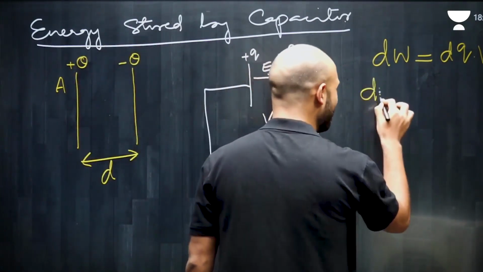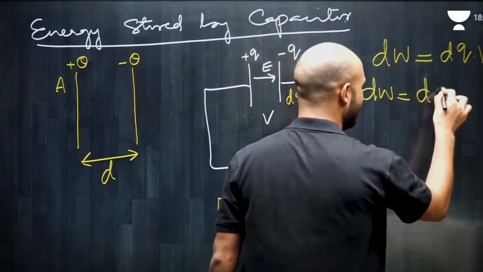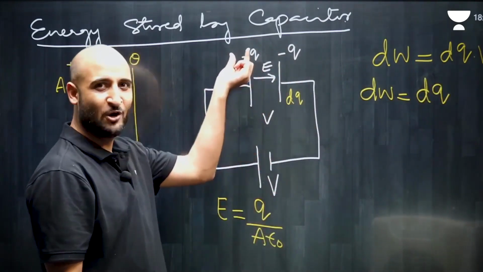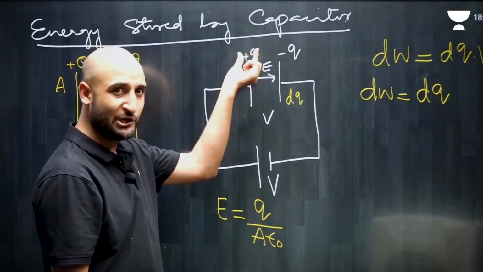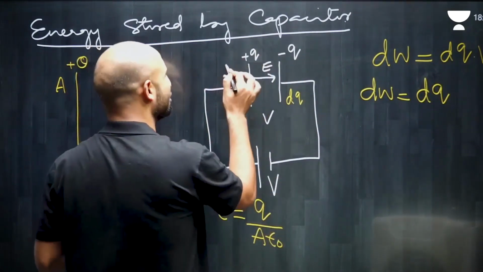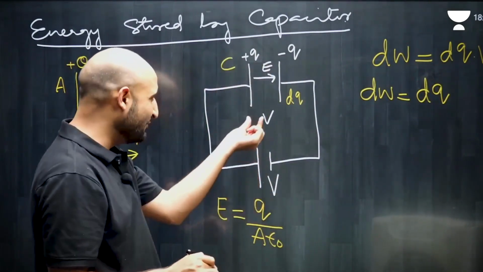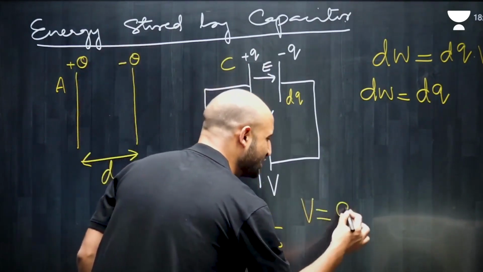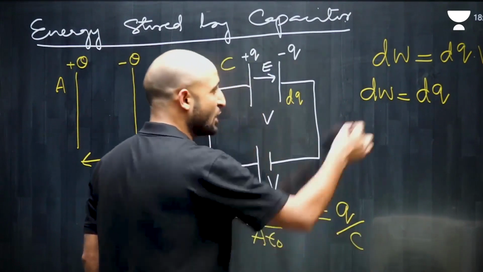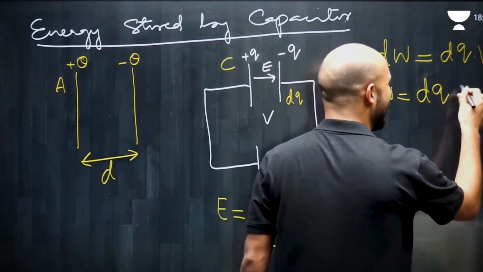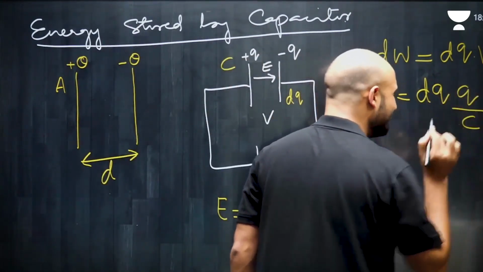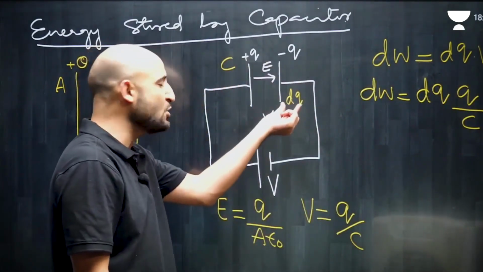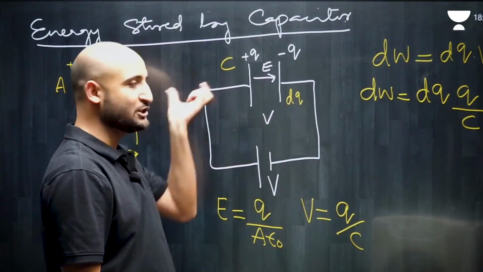So dW is equal to dQ into how much charge has built up on the capacitor. That's Q. What is the capacitance? Let's assume that the capacitance is C. So what will be the potential difference? This potential difference V will be equal to Q divided by C. So I will write V as Q divided by C. This is the amount of work that the battery needs to do to take dQ amount of charge from the negative plate to the positive plate.